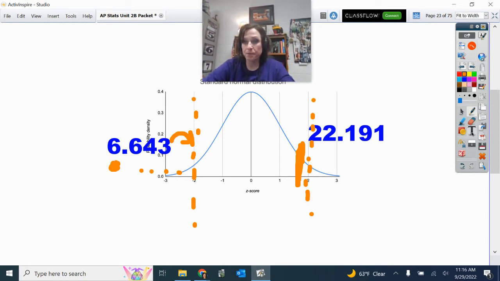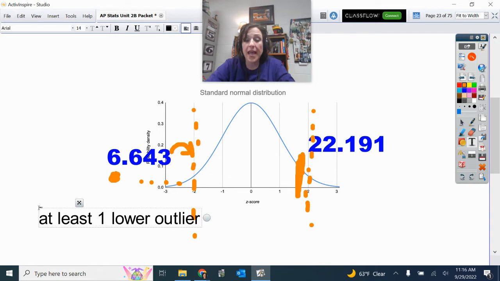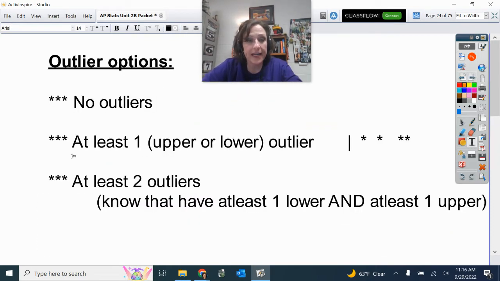So once again, same conclusion: I have at least one lower outlier, and no upper outlier. So in summary, no matter which rule I used, it's at least one outlier for the females.